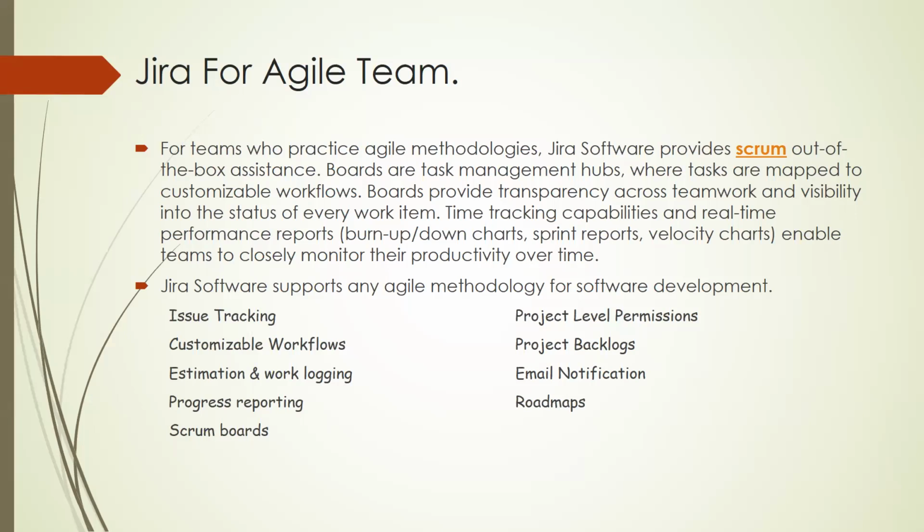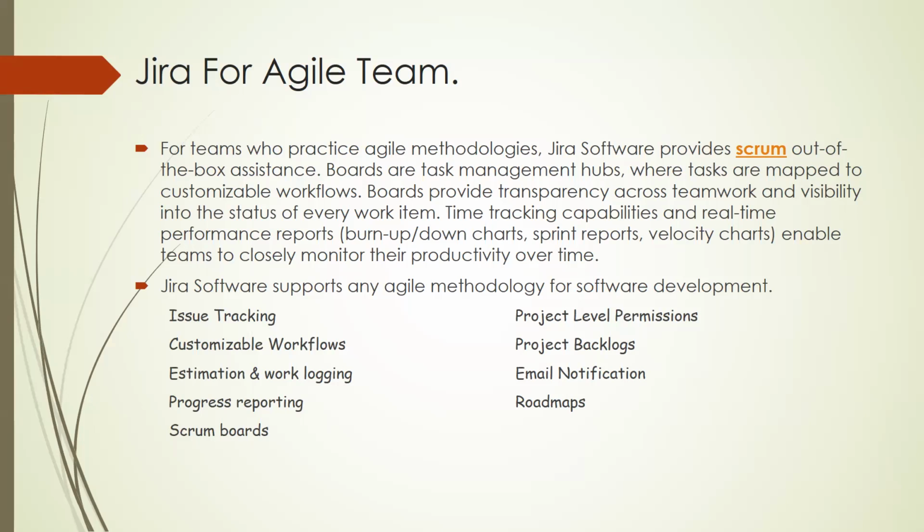Team tracking capabilities and real-time performance reports, burn up and down charts, sprint reports, and velocity charts enable teams to closely monitor their productivity over time. I believe we are aware of what burn up and down charts, sprint reports, and velocity are. Have we heard of these names ever? Yes, sir. So we will have that idea and we can look at that as well.